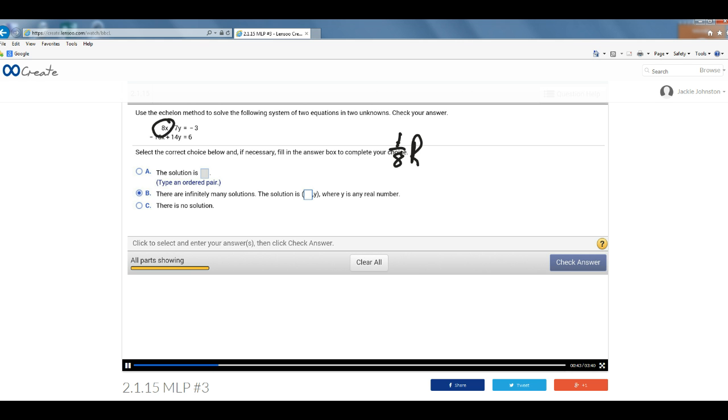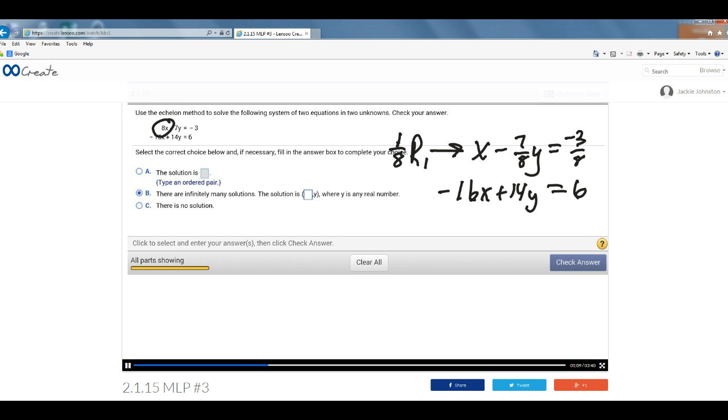So to get a new row 1, I'm going to multiply row 1 by 1/8. What is that going to give me? That's going to give me x minus 7 over 8y equals negative 3/8. And then my row 2 is still negative 16x plus 14y equals 6.